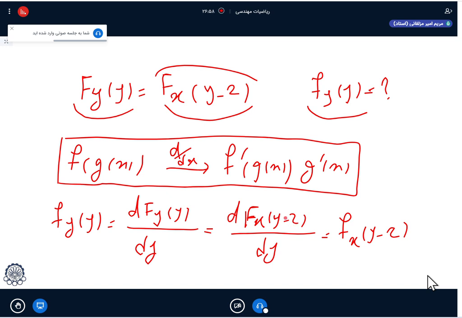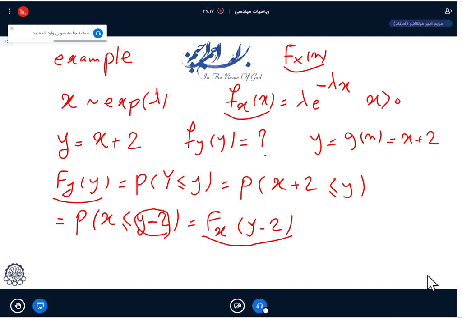If we take the derivative of y minus 2, it is equal to 1. So the PDF of y is equal to the PDF of x at the point y minus 2. Okay?